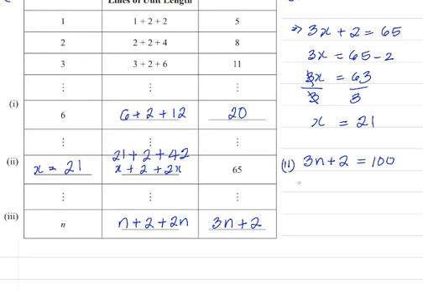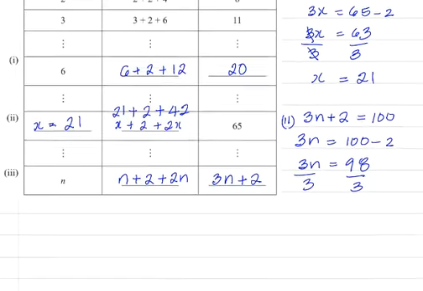So we're going to have 3n is equal to 100 minus 2. 3n is equal to 98.